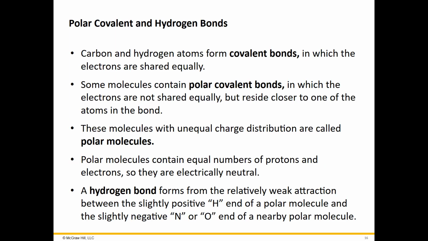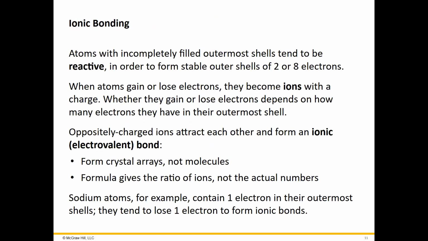So, when I talk about a covalent bond, my question might be, what kind of bond forms between two atoms that, when they make a molecule, equally share their electrons? Well, I already said they make a molecule. So it can't be ionic bonding because ionic bonding does not make a molecule. It makes a crystal array.